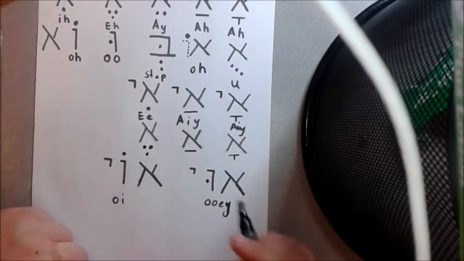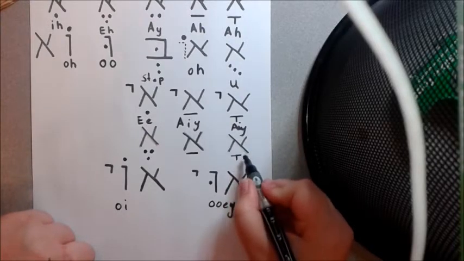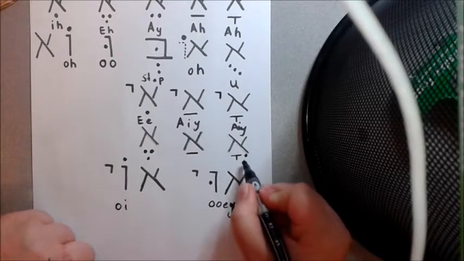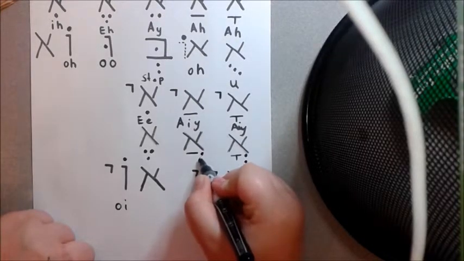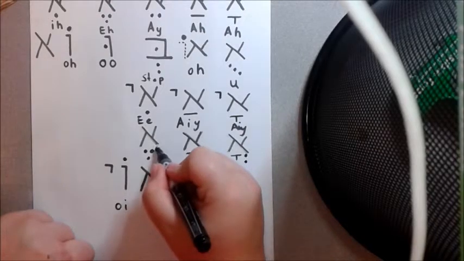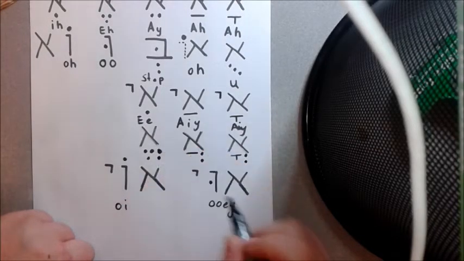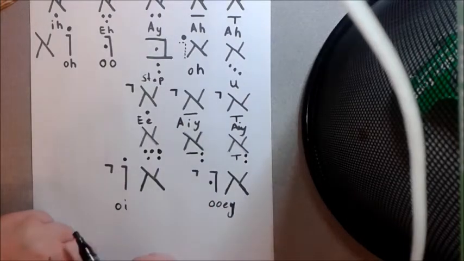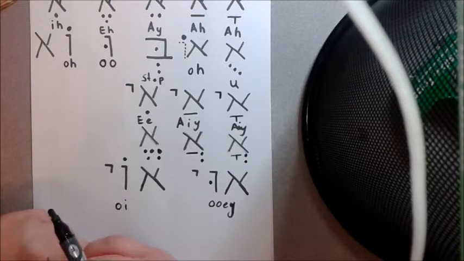With this ah, what happens if I add the stopped sound to the side of each of these? You say, what in the world is happening there? How in the world do we get eh with these stopped sounds?